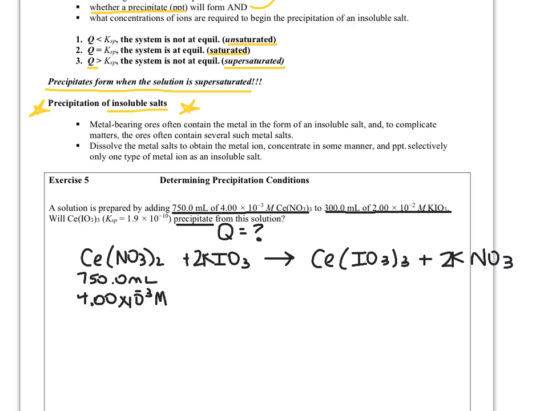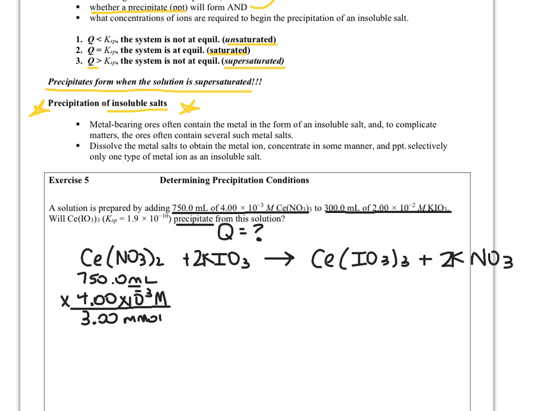Hopefully you can quickly see this: when I multiply volume times molarity, I'm going to get moles, millimoles to be specific, because it's in milliliters, which is fine. We did this earlier in the year. Millimoles are fine. You don't have to get rid of the milli. It just makes the number nicer. So in your calculator, if you take 750 times 4.0 times 10 to the negative 3, that gives you 3.00 millimoles of this substance, right?